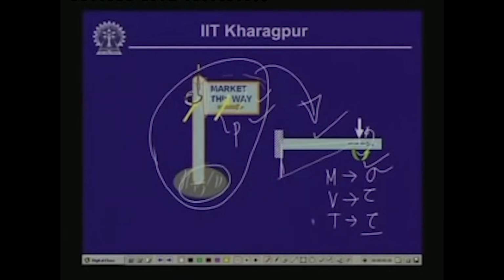So, you see that this member is subjected to the action of bending moment, shear force and twisting moment, and thereby we will have the resulting normal stress and shearing stresses. For each individual load we can compute the values of the normal stress and the shearing stresses, and once we know these values, we can compute the resultant stress in terms of the normal stress and the shearing stress.